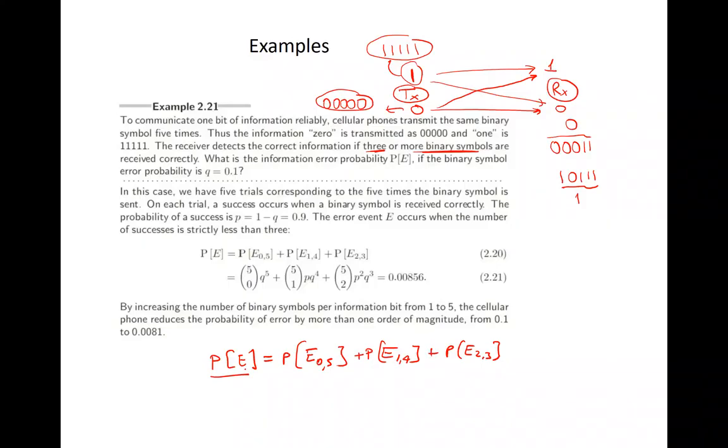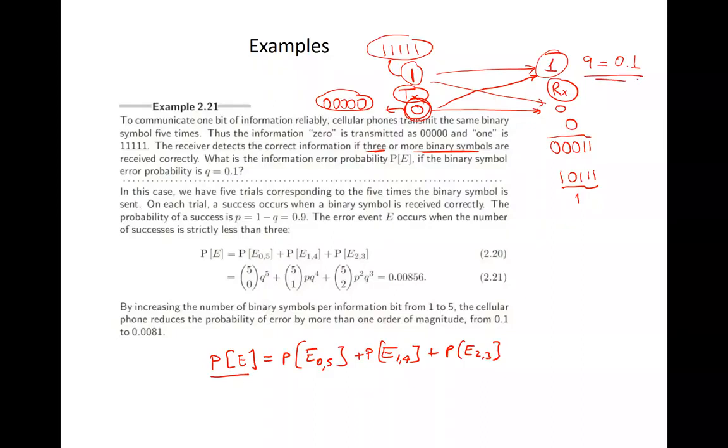Okay? But here we have to know the symbol error probability. I mean, if I transmit 0, what is the probability that you get binary 1? It's given, Q is 0.1. So 10%.